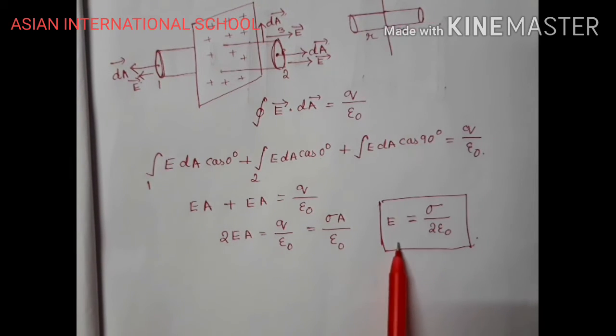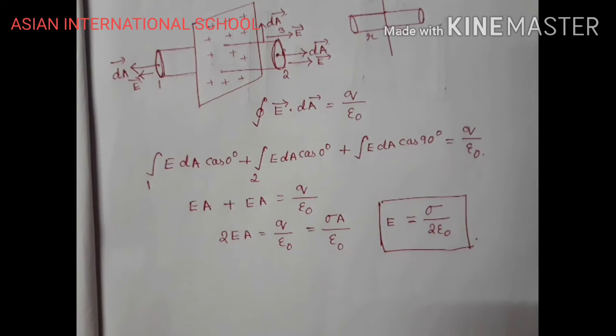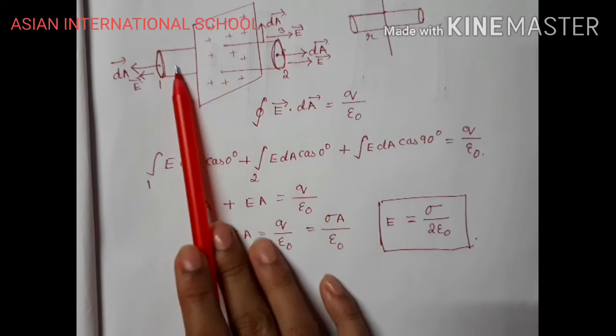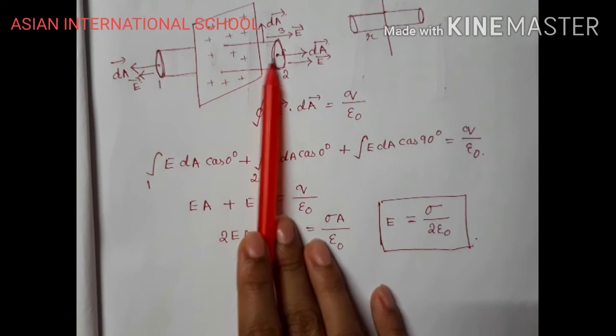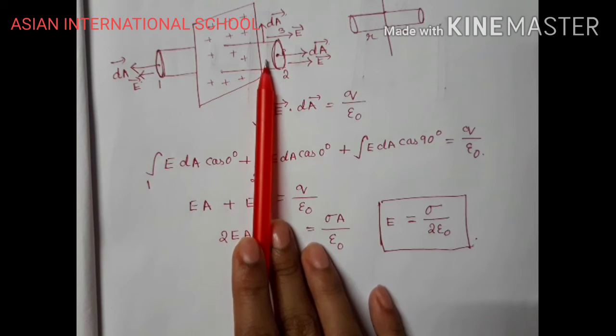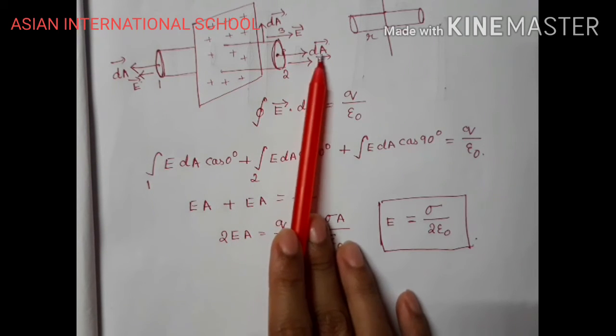Now if you see this equation, sigma, the charge density, is constant. Permittivity, for a medium, is constant. That means the electric field outside the sheet is constant. Wherever you take the distance, your electric field will be constant.